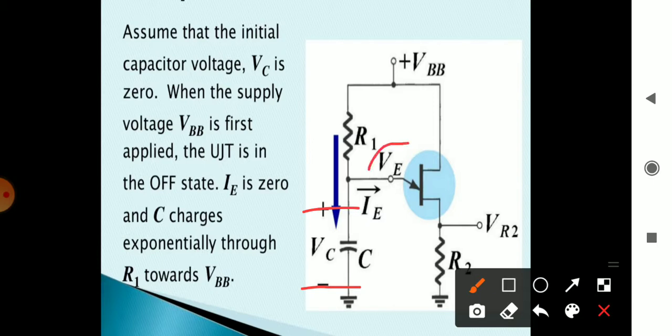Because VE has not reached the value of VP; only then will the UJT turn on. The condition to turn on the UJT is that my emitter voltage should reach the value of VP. So when I switch on VBB, the UJT is still off, and IE is also 0. IE will flow only when the UJT is in the on state.